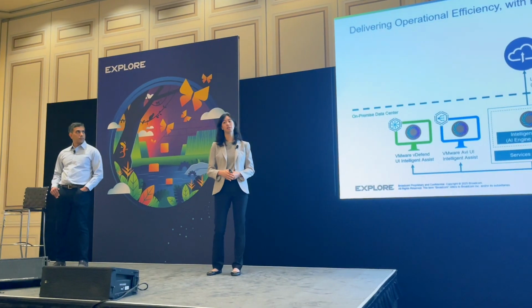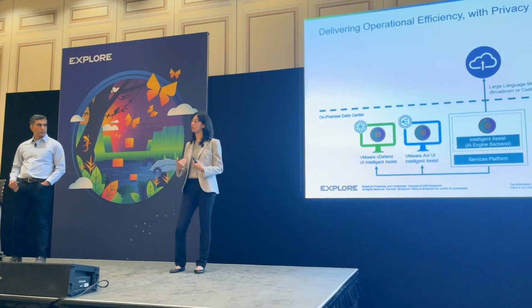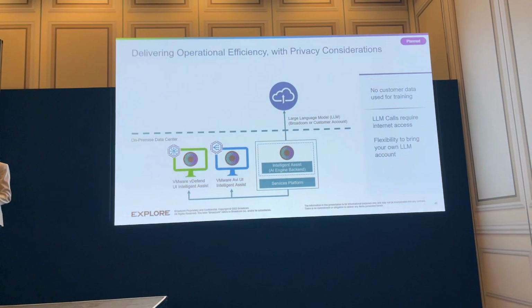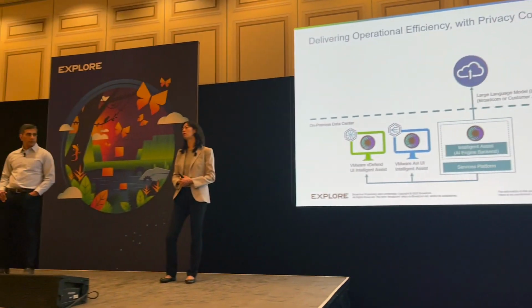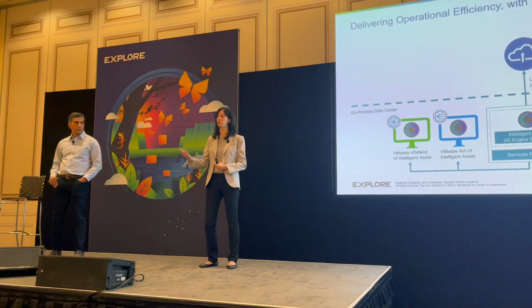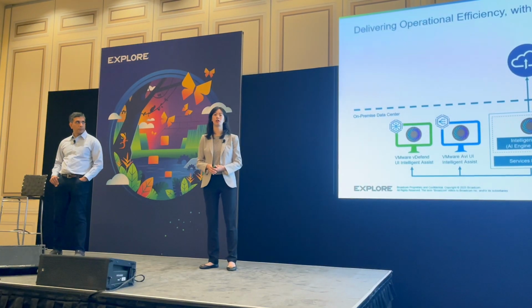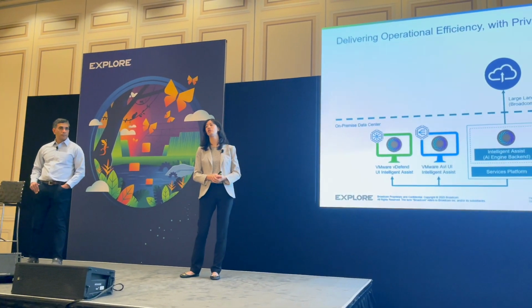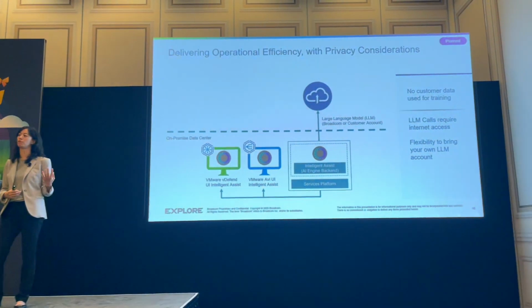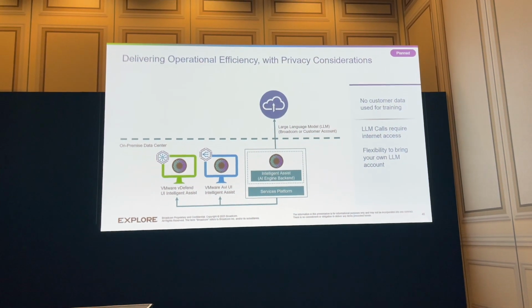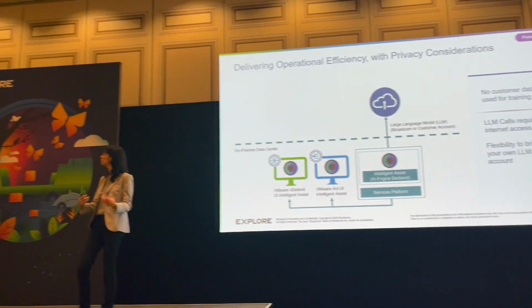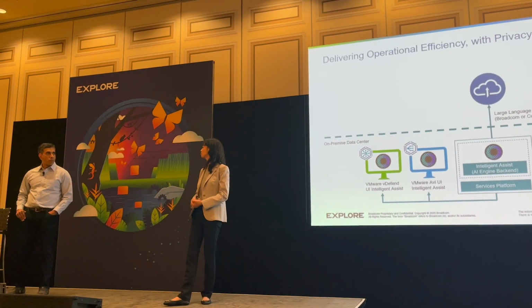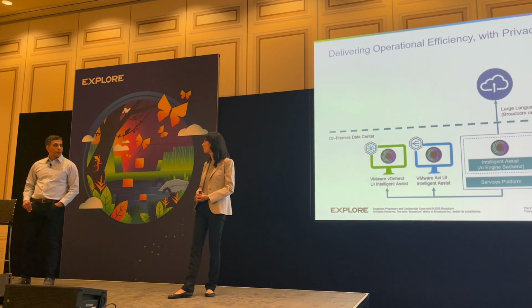And this LLM can be running in either a Broadcom account, so it helps you get started very quickly, or you can go ahead and bring your own, so your own tokens, your own account. And you can go ahead and connect the exact same AI engine backend to serve the needs of both vDefend as well as AVI in one single form factor. So we're trying to reduce that resource footprint for our customers as much as possible.